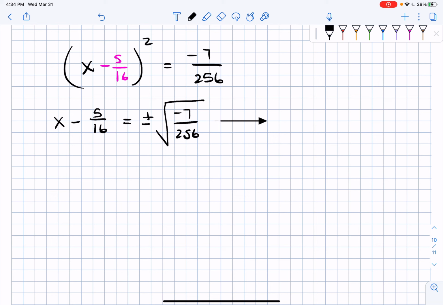Okay, when I take the square root of top and bottom, I have x minus 5 over 16 is equal to plus or minus i square root of 7 over 16.